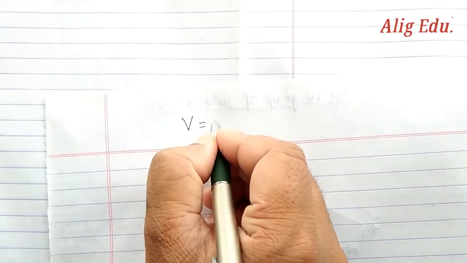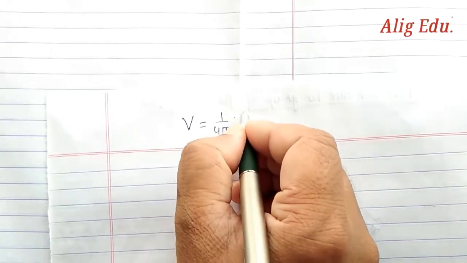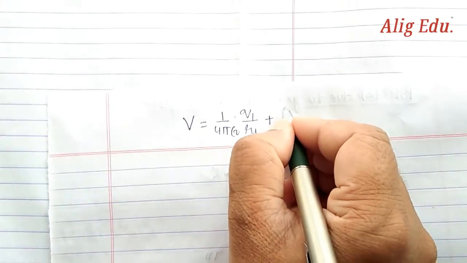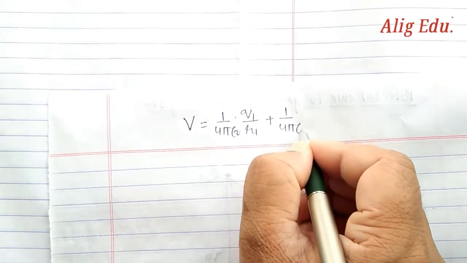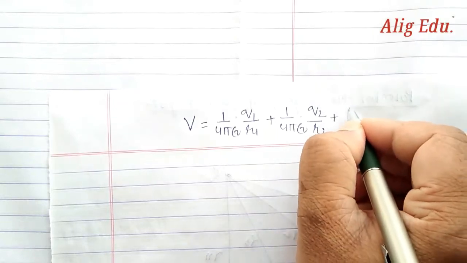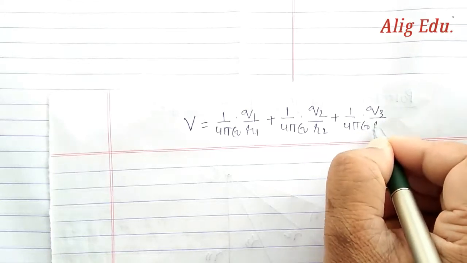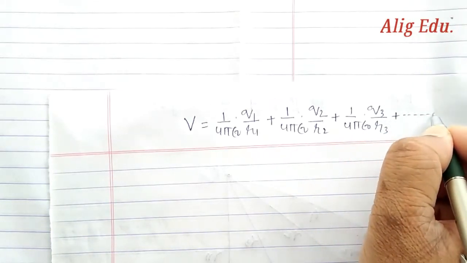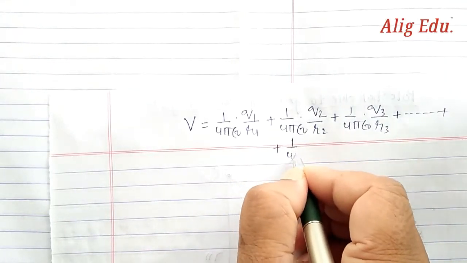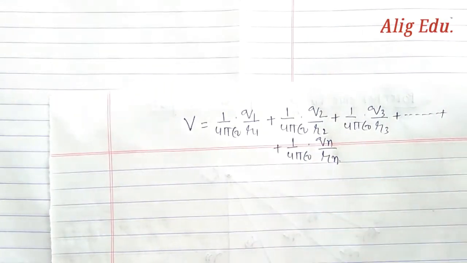So V is equal to V1, and V1 is equal to 1 upon 4 pi epsilon naught Q1 by R1, plus V2, and V2 is equal to 1 upon 4 pi epsilon naught Q2 by R2, plus V3, 1 upon 4 pi epsilon naught Q3 by R3, up to plus Vn, and Vn is equal to 1 upon 4 pi epsilon naught Qn by Rn.